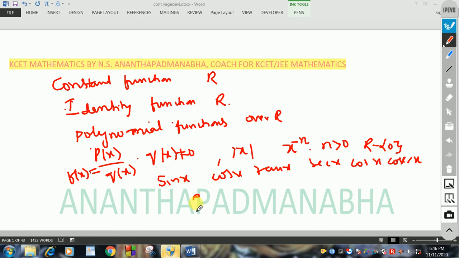Exponential functions are continuous, and logarithmic functions and inverse trigonometric functions in their domains, and composite functions where f and g are continuous are also continuous. So these are some of the important remarks about the continuity of functions.